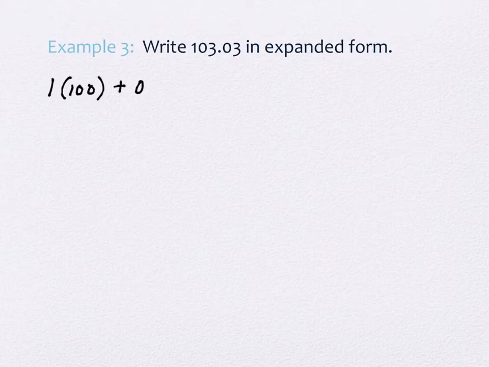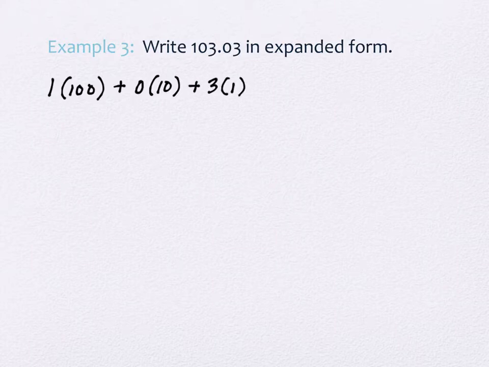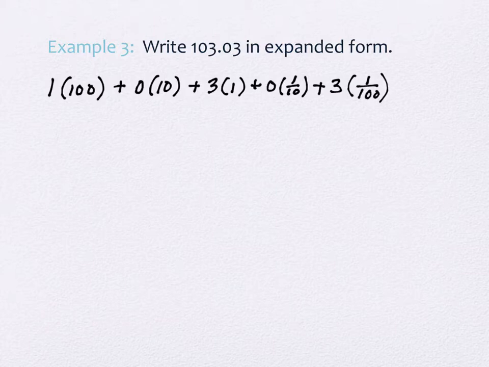I kind of like putting in the zeros. If you leave them off, it's not too bad. It's 0 times 10. It's 0 tens. Kind of just holds the place. I have 3 ones, so it's 3 times 1. I have 0 tenths, so it's 0 times 1 over 10. And then I have 3 hundredths, so it's 3 times 1 over 100.